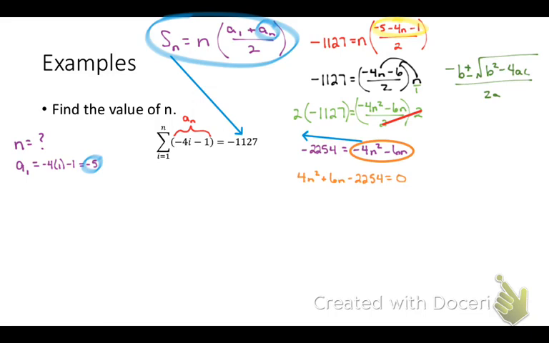So plug it in as far as negative 6 plus or minus the square root of 6 squared minus 4 times 4 times negative 254, all divided by 2 times 4, which is 8.